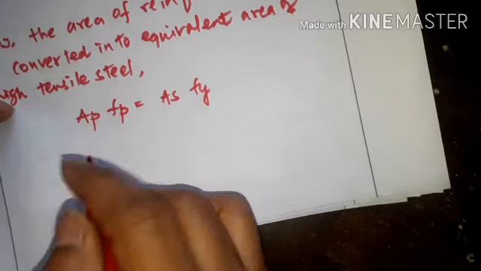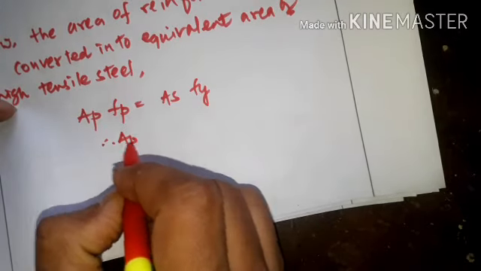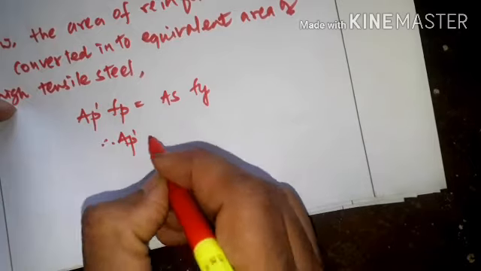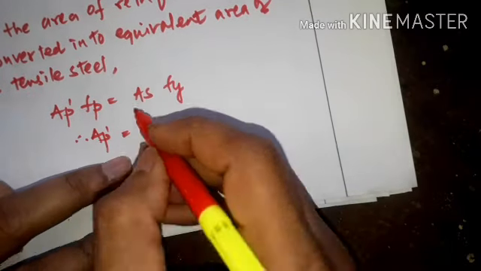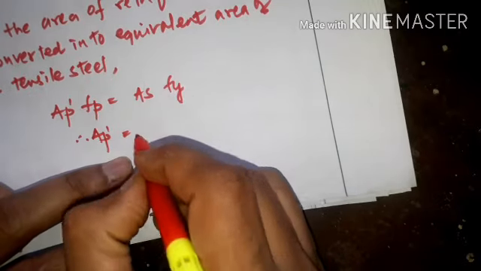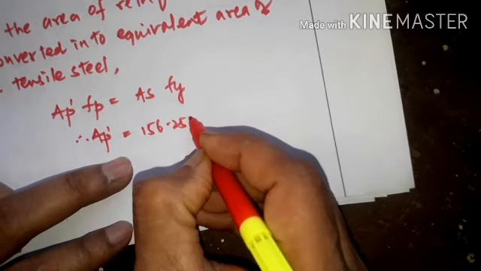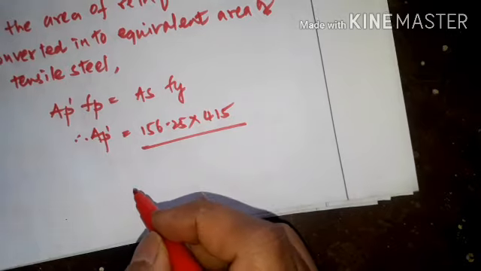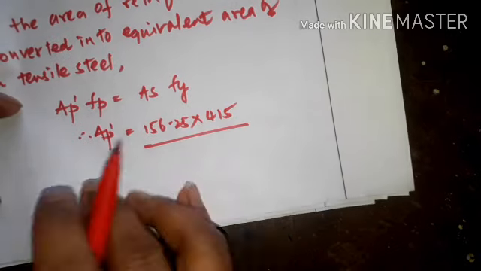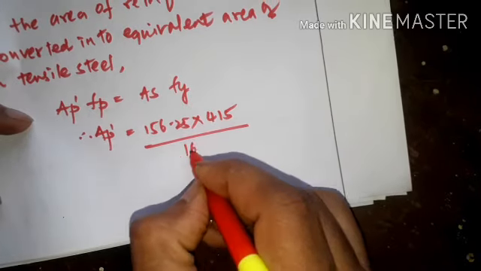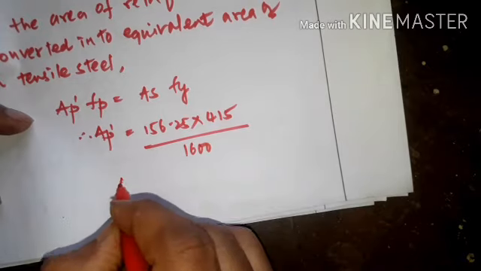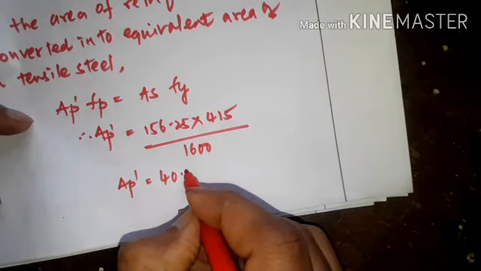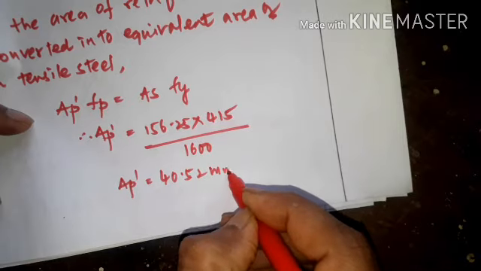So therefore we will get Ap dash is equal to As, 156.25, into Fy, 415, divided by Fp, 1600, so you will get Ap dash as 40.52 mm square.